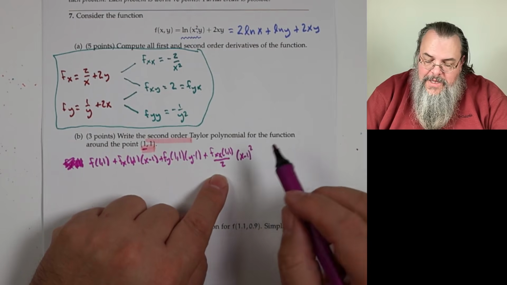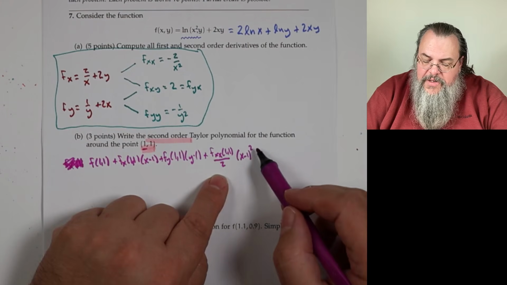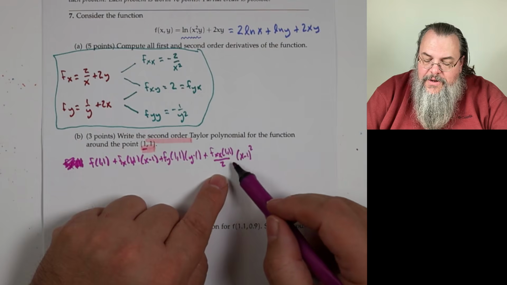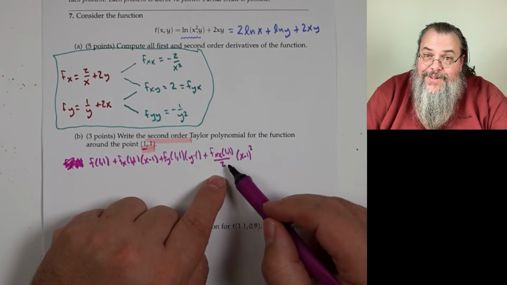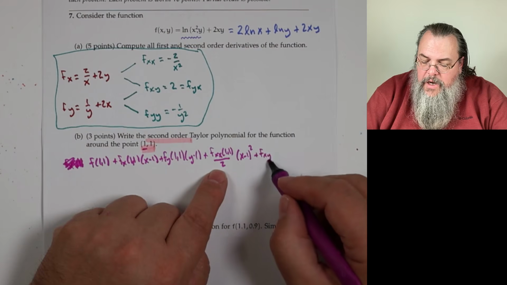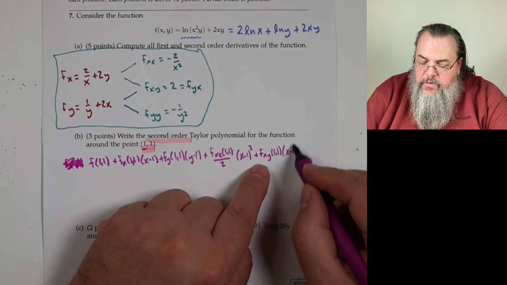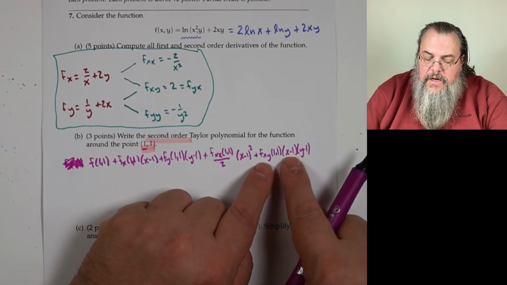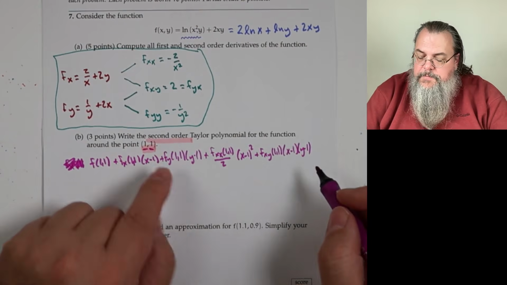So why the 2? If you were to take two derivatives with respect to x, this 2 would come down, and then a 1 would come down. So I need something that will cancel out the 2 coming down. So that's why there's a 2 downstairs. Next, f_xy at (1, 1) times, there's an xy, so an (x minus 1)(y minus 1), and again, everything is minus 1s, because we're starting at x equals 1, y equals 1.